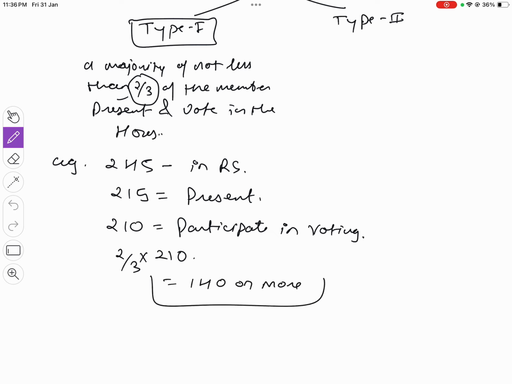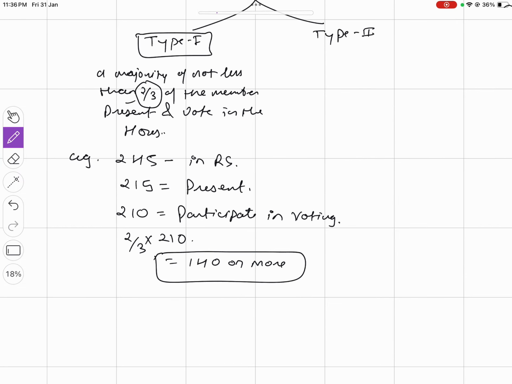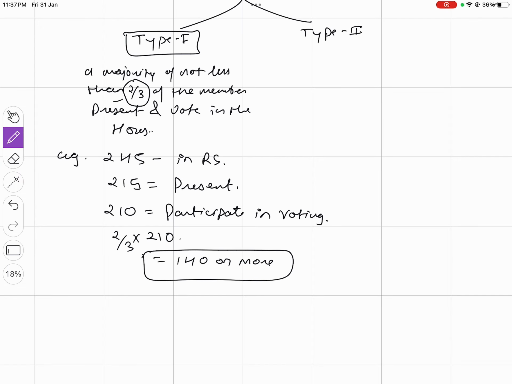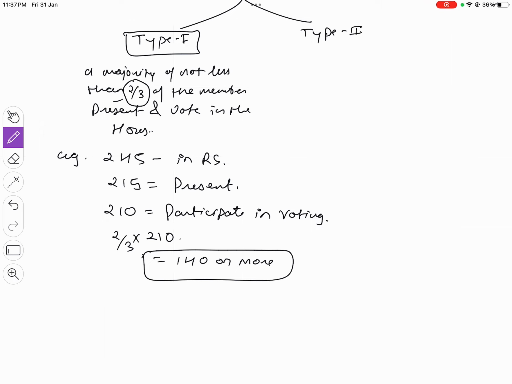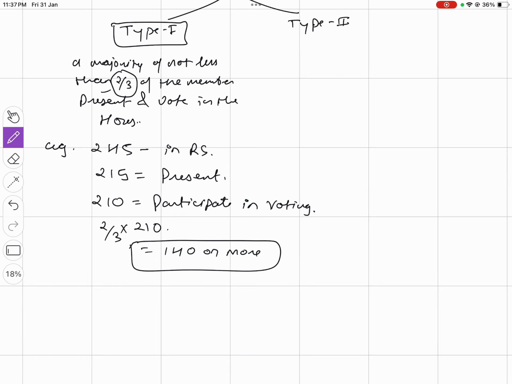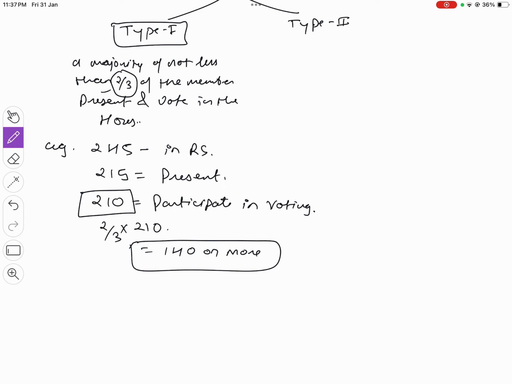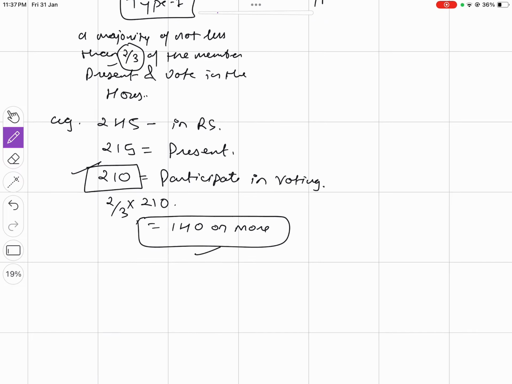So this is an example. This will change accordingly as you increase or decrease the number of seats or votes. We count the number of people actually participating and voting. So 210 are members who are present as well as voting. So two-third of 210 is 140 and more. This is special majority type 1.